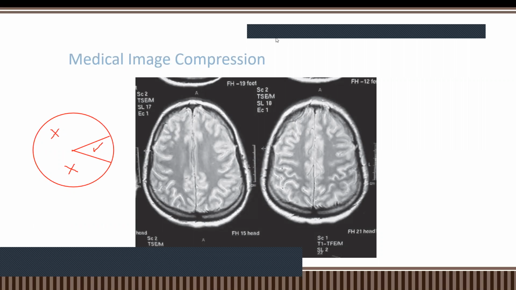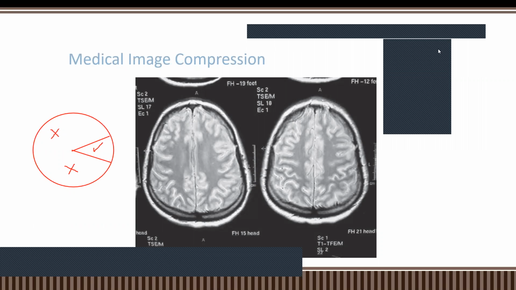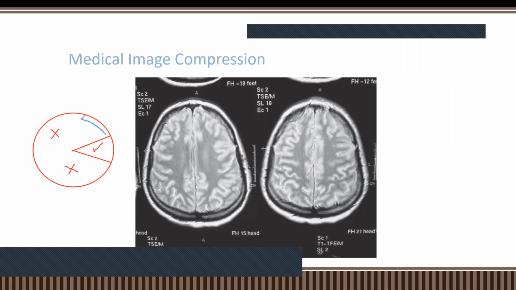So the compression can be used on these images, let's say with the ratio of 10 to 1, and in the other case the information is saved without any compression. Okay, let's say 1 to 1.